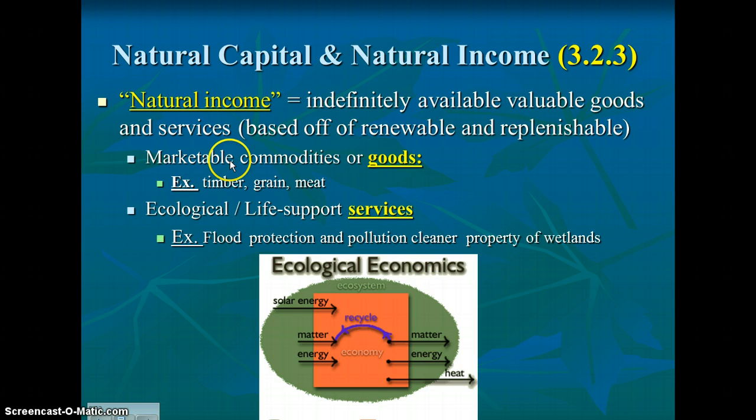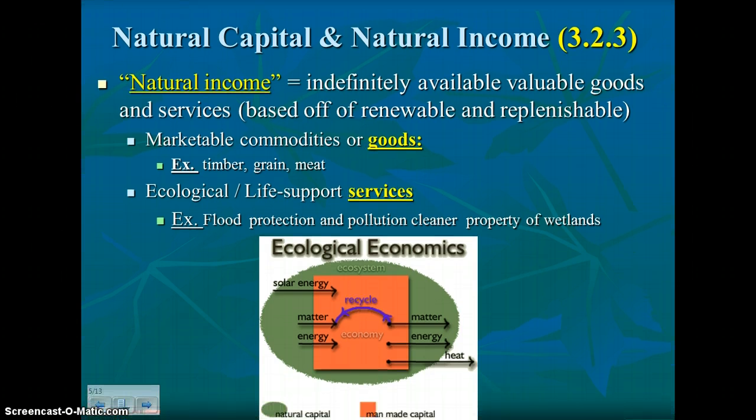Goods are marketable commodities, such as timber, grain, and meat. Services are different things that the environment does for us that are really awesome. Ecological and life support. For instance, think about wetlands, such as Huntley Meadows. Huntley Meadows wetlands is really great because it provides flood protection for Fairfax, and even a little bit of pollution that might enter there might get cleaned nicely because of the type of soil that's there.